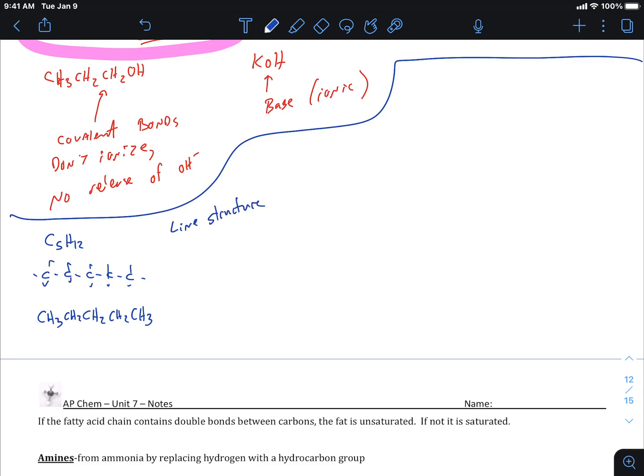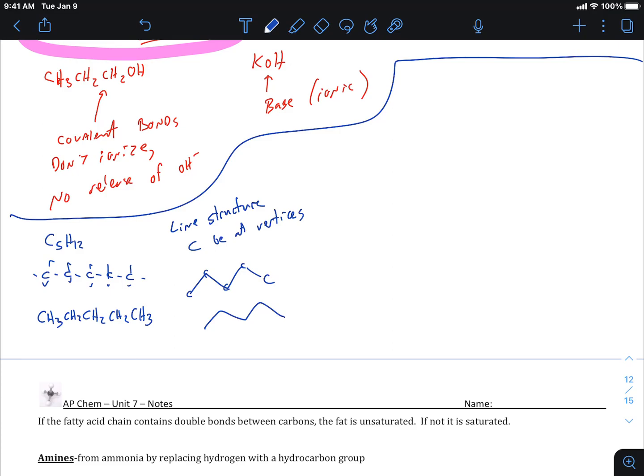A line structure is when carbons are assumed to be at vertices. So watch. That is pentane. Except that typically they don't bother writing the C's. So this would just be drawn like that. Organic chemists look at that and say, oh, that's pentane.